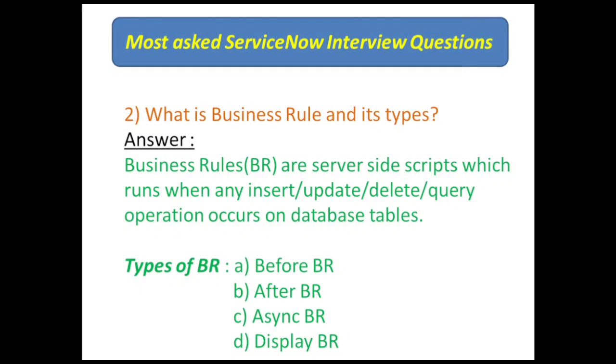That is the before business rule. And after business rule, as per the name, will run when the database operation is completed. Let's say the incident update is complete and it is saved in the database. After that, whatever requirement we have, we can write in this business rule and that script will run.